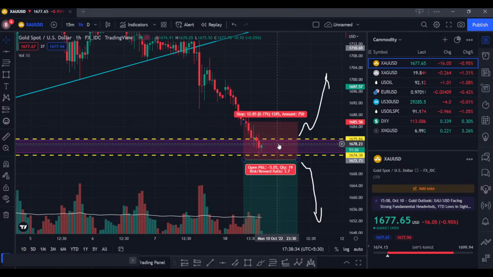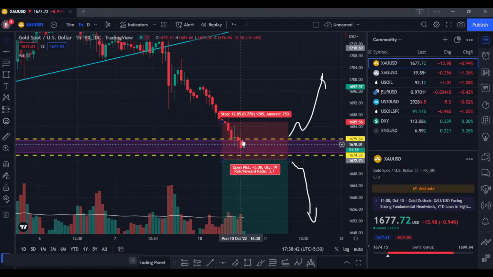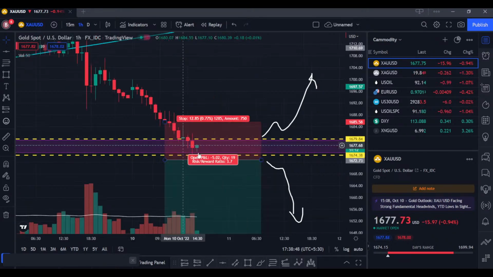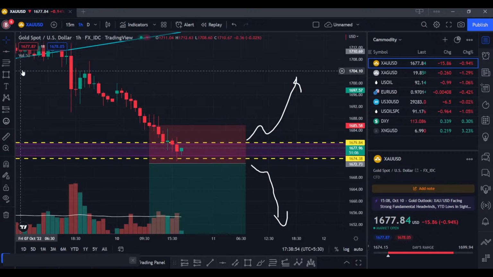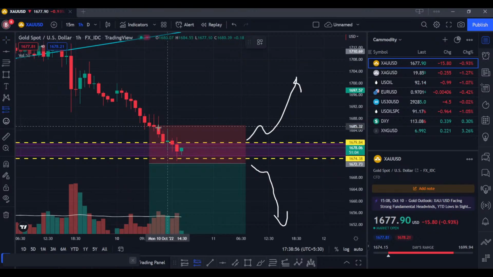Here you can see every time we get a signal in the market, and again we got both-sided candles. We are waiting now. If we get an upside direction, what happens next?